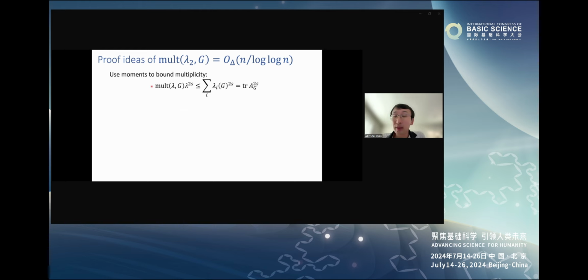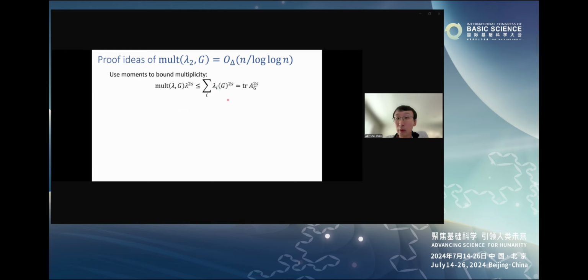So we start with a more commonly used observation that for a lot of problems related to spectrum, to eigenvalues, starting with a moment bound is often a good idea. So what a moment bound would tell us is that the trace of the power of this matrix is equal to this moment of the eigenvalues.